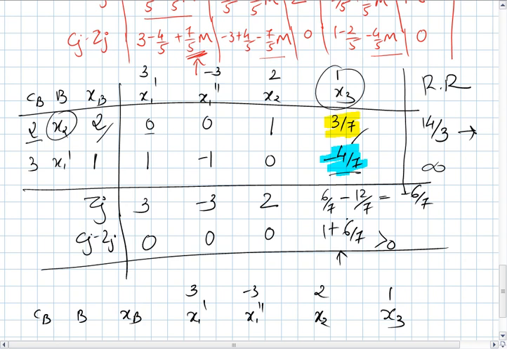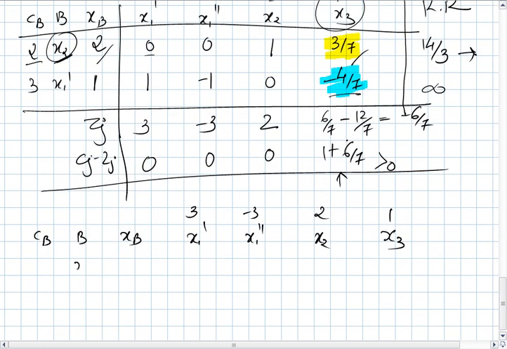In the basis now X2 is replaced by X3, so we have X3 and X1 dash. X3's coefficient is 1 and the X1 dash coefficient is 3. Now apply the row operation. First of all, to make this, we have to divide by 3 by 7. So the quantity will be 2 by 3 by 7, which is 14 by 3.